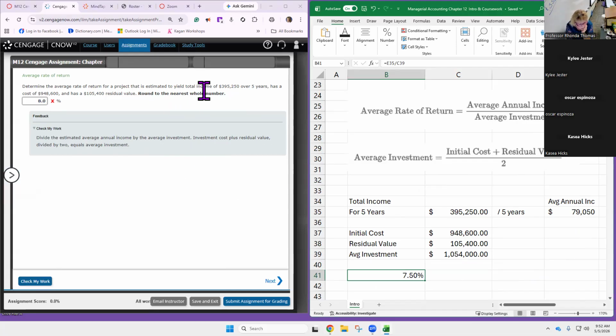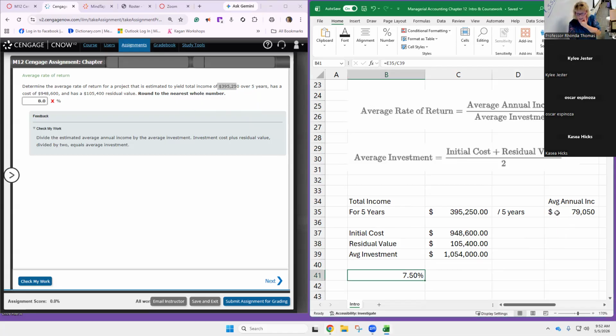Now here's what's kind of difficult to understand sometimes. This may not be the total income for 5 years. It's just the average income for each year. I'm going to guess that's the case, and that's the problem with some of these. They don't tell you enough information.